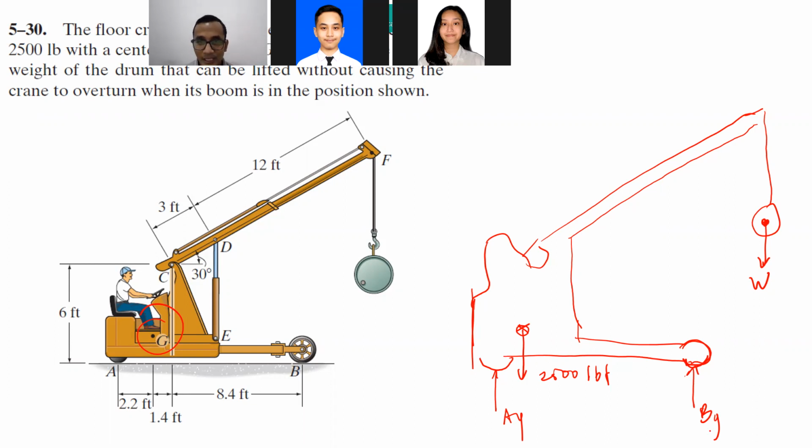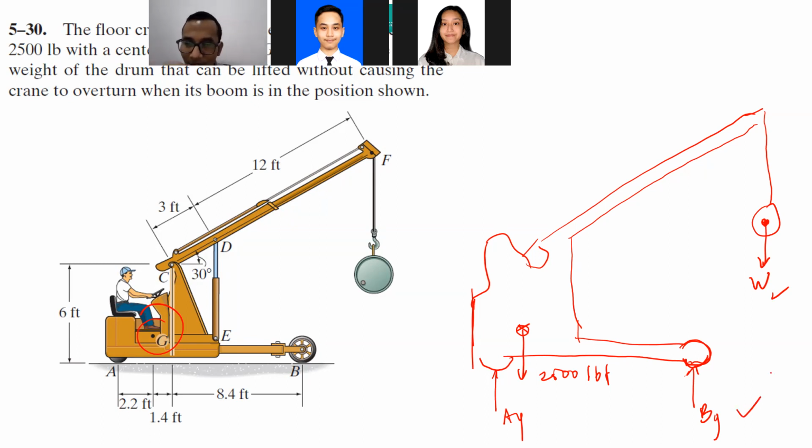Now try to list out all the unknowns and knowns, Audrey. Which part of it is our unknown? The W here, do we have the value? No, we don't have it, because that's the one we are looking for, right?